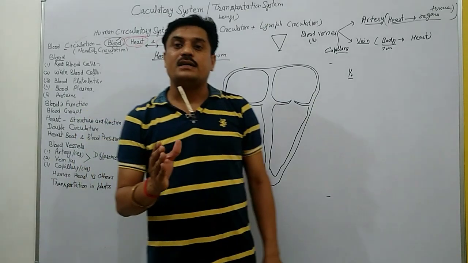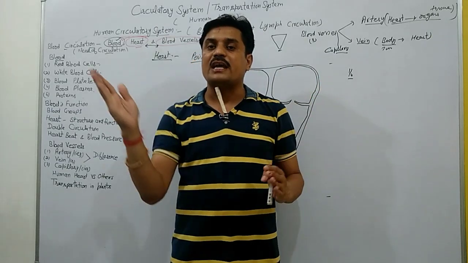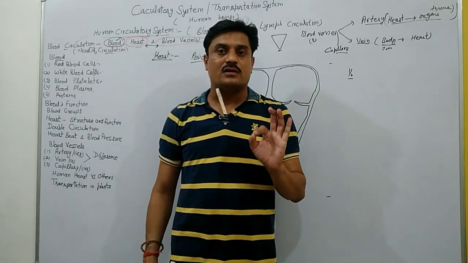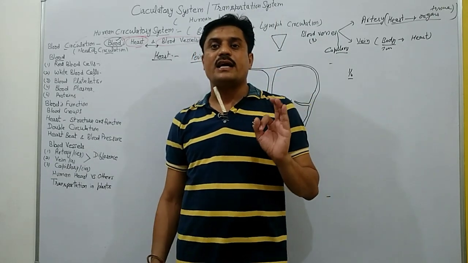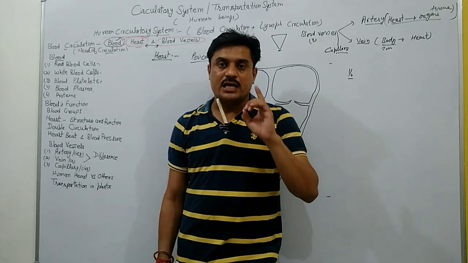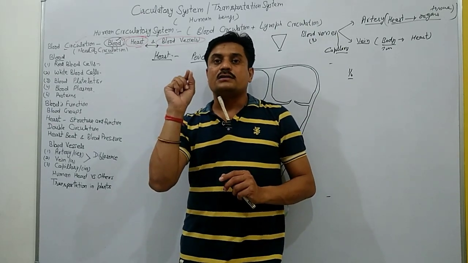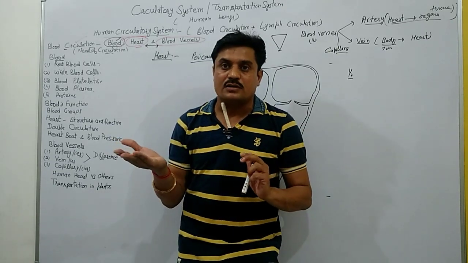The human heart has two parts, the left part and the right part. When we draw a diagram of any organ of the human body, keep in mind that the side of that organ is exactly the opposite of your side.